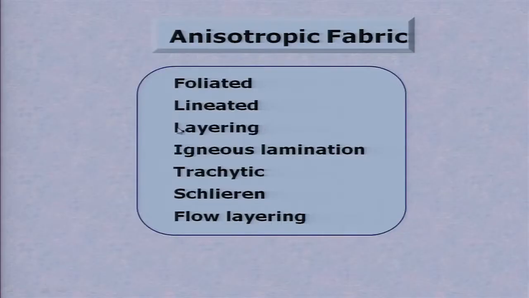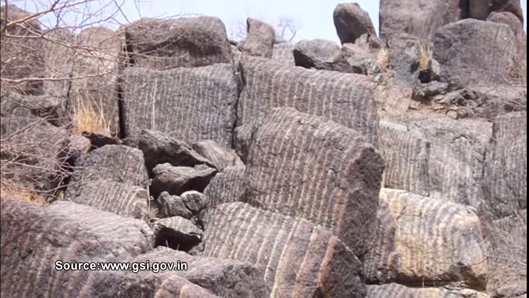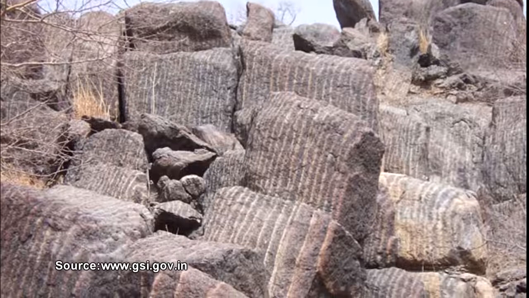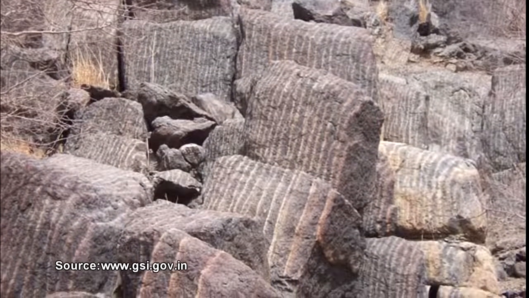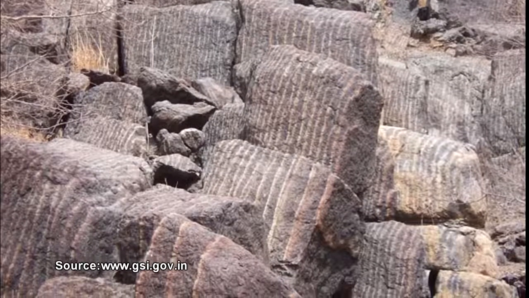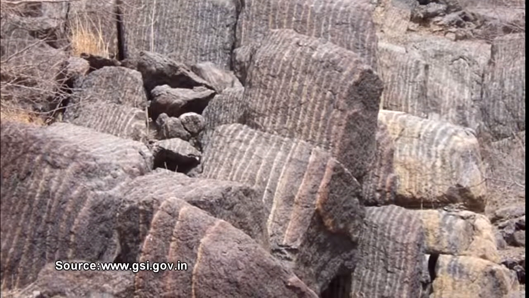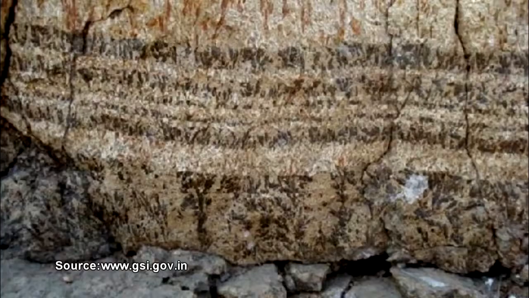Similarly, if flood water is allowed to settle in a glass, what will happen? The large size particles will settle down. Similarly, if a magma is allowed to crystallize in a magma chamber over a period of time, the heavier minerals will settle down at the bottom of the magma chamber, forming layers. So, layering is generated. Igneous laminations are developed, and lamination causes the development of anisotropism.